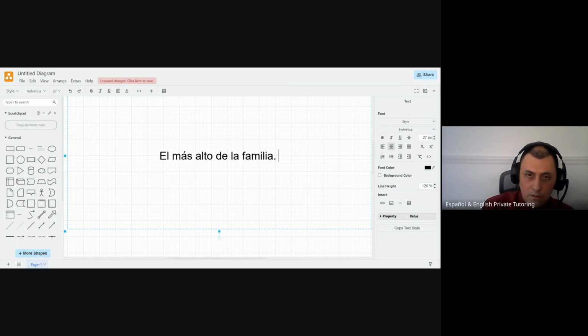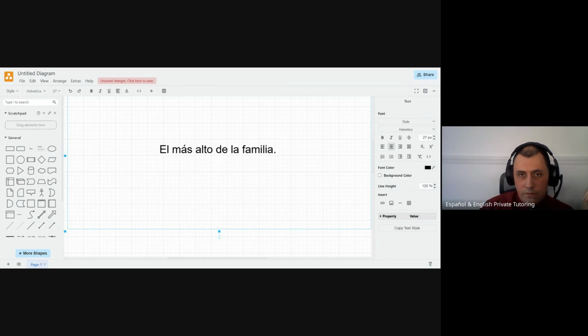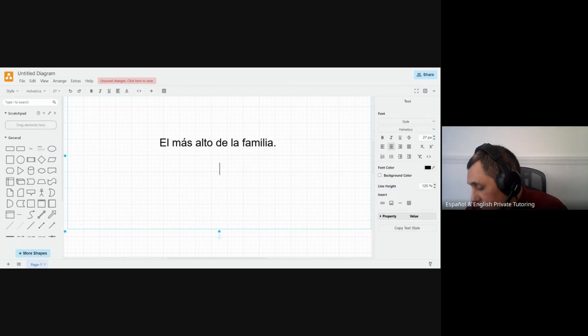So I'm going to give you a better formula for this. I'm going to improve the formula they are giving you there. The book is saying that you should use el or la. These are singular articles, but that is not true. You can also use plural articles, and you don't always have to use articles. You can also use other determinants, like demonstrative adjectives, and so on, as long as it makes sense in the sentence.